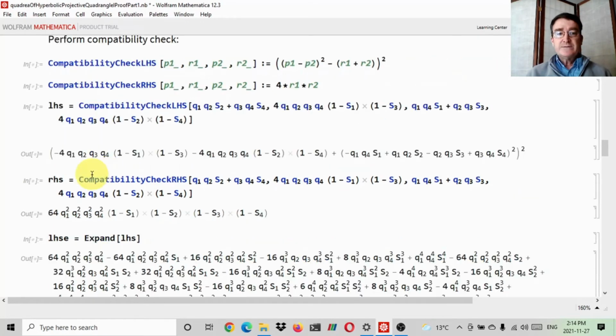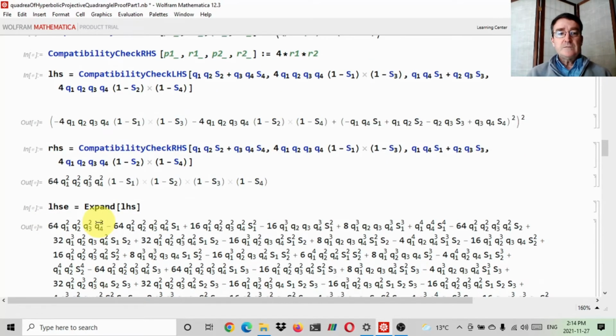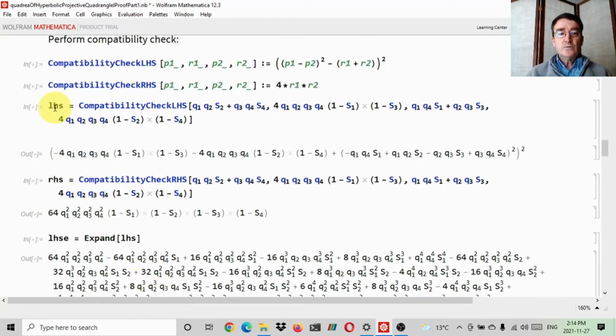And the right-hand side, we're going to call the function compatibility check right-hand side with the same 4 parameters, and we get this expression right here. Next, we're going to take our left-hand side here, which is this, and we're going to expand it all out.